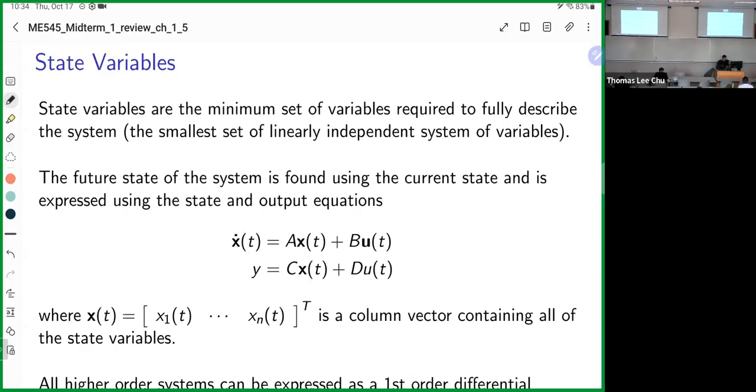So first of all, we're going to talk about state variables. State variables are the minimum set of variables required to fully describe the system, or the smallest set of linearly independent system variables.